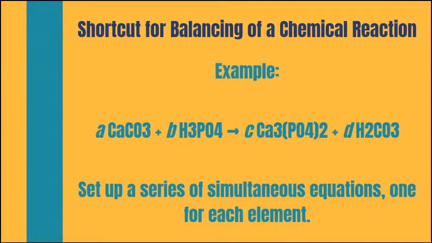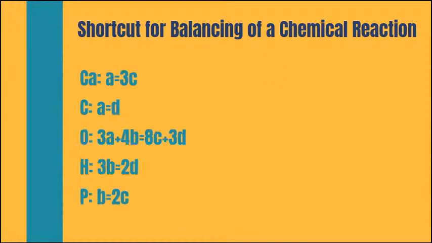To solve this, we will now use the conservation of mass. So for Ca, A is equal to 3C. For C, A is equal to D, and for O, 3A plus 4B is equal to 8C plus 3D, and for H, 3B is equal to 2D and B is equal to 2C.